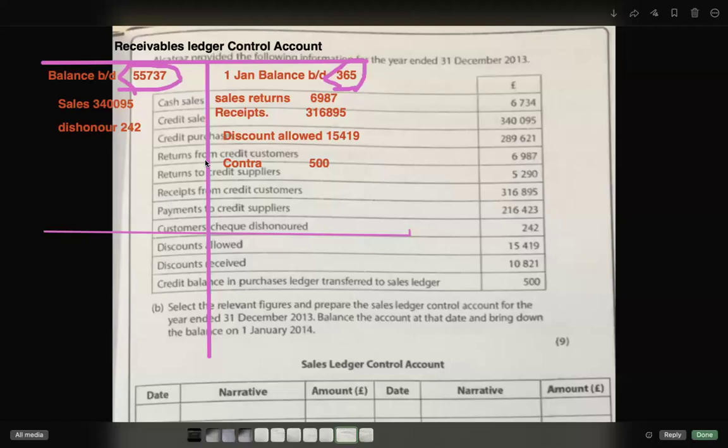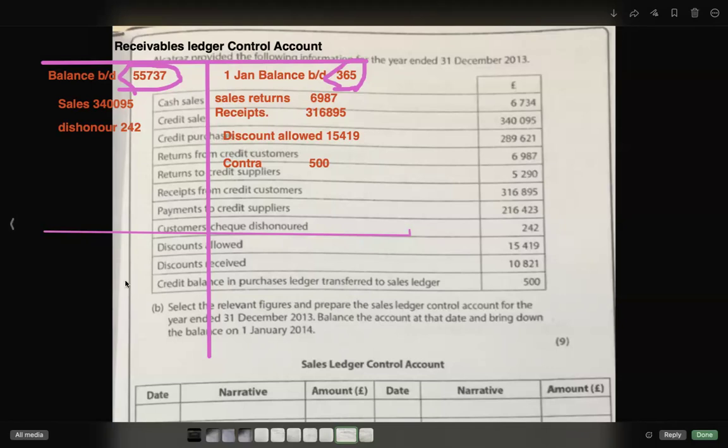Count the total on the debit side. On which side do you think you have the larger amount, debit side or credit side? On the credit side, we have 3,16,000. Debit side has a bigger amount.